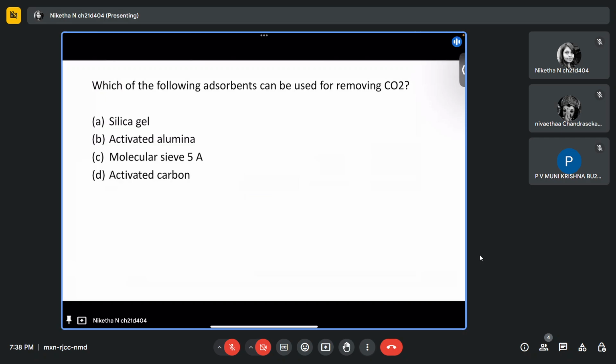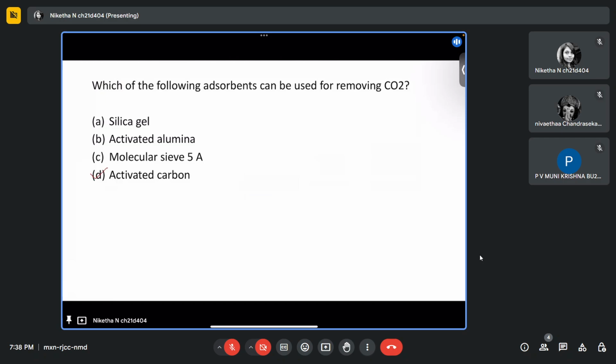Next question is, which of the following adsorbents can be used for removing CO2? Any answers? Activated carbon. Yeah, that's right.